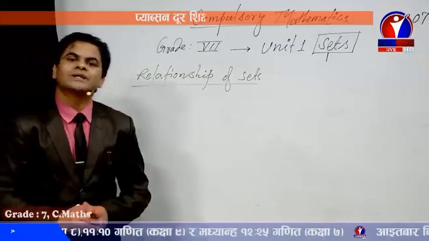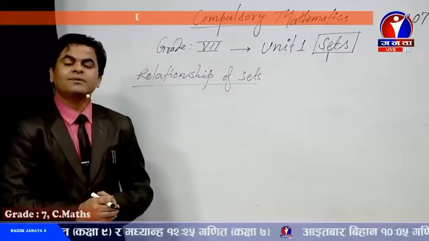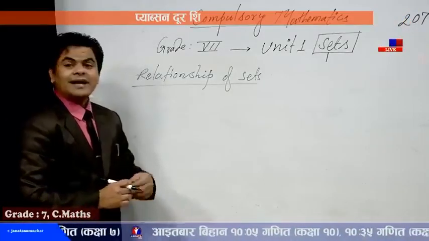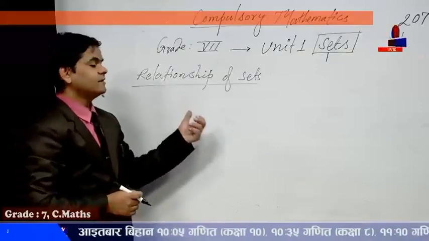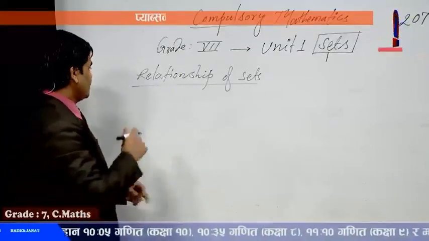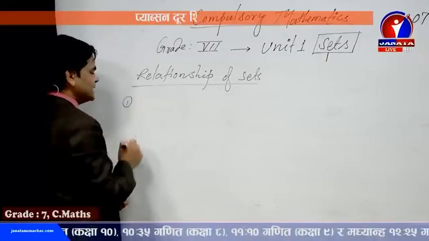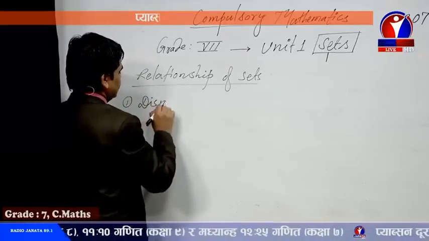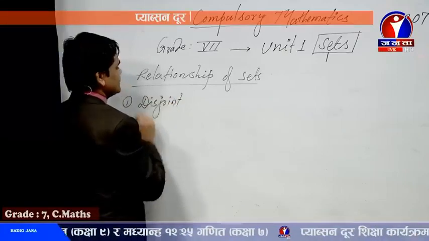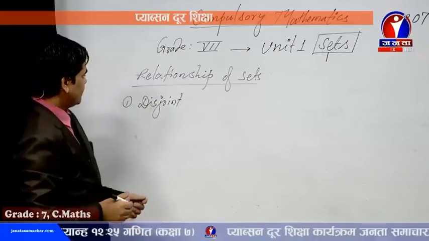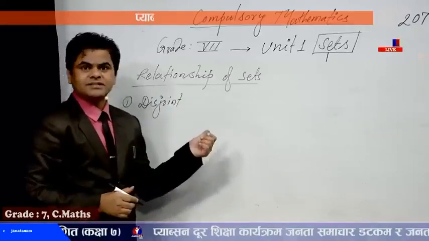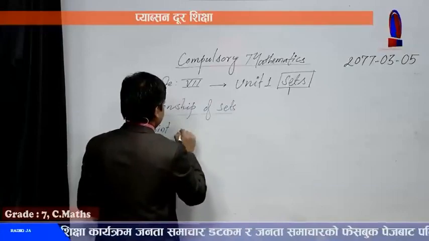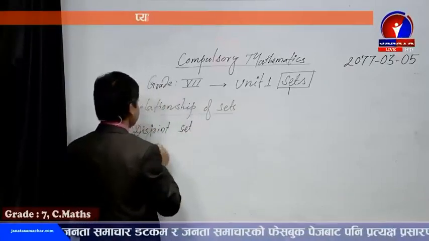If there are 2 or more sets given in the question, there can be a certain relation established among them. So what are the relationships? The first one is disjoint. We can write them as types of set as well, but this type of relation can be established within 2 or more sets. Disjoint sets. The relation is disjoint.